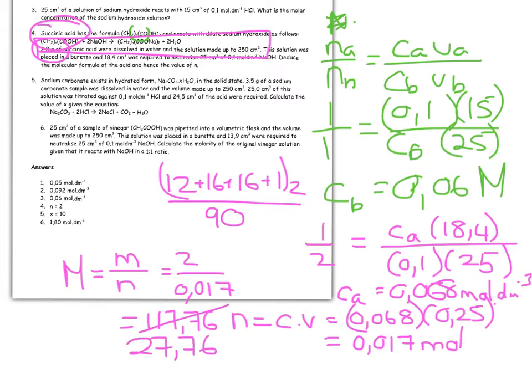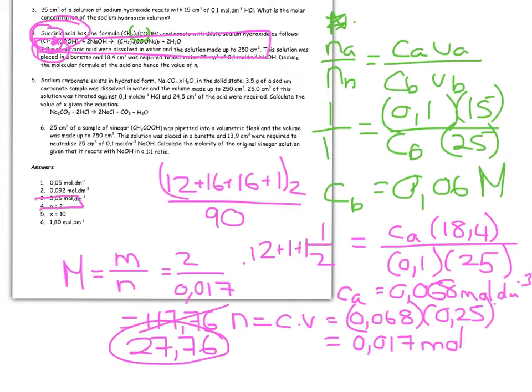That could be CH2. CH2 is 12 plus 1 plus 1, so it's going to be 14. So I'm going to divide this 27 by 14, and for all intents and purposes, that's going to land up being 28 divided by 14, and that little n over there turns out to be 2.